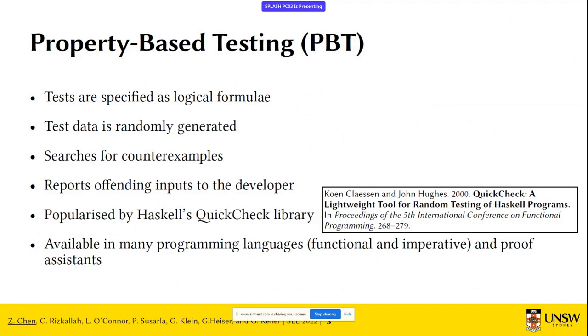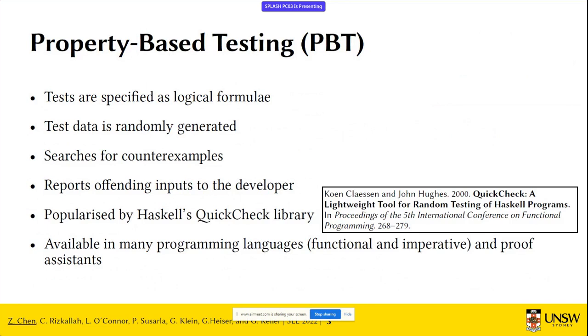So you say what kind of properties the output has to satisfy given some preconditions on your input data, and the test driver randomly, automatically, maybe guided by some heuristics, generates a whole bunch of test data and feeds them to the tests. The test driver will search for counterexamples and report any offending inputs to the developer, so the developer can use that information to diagnose.